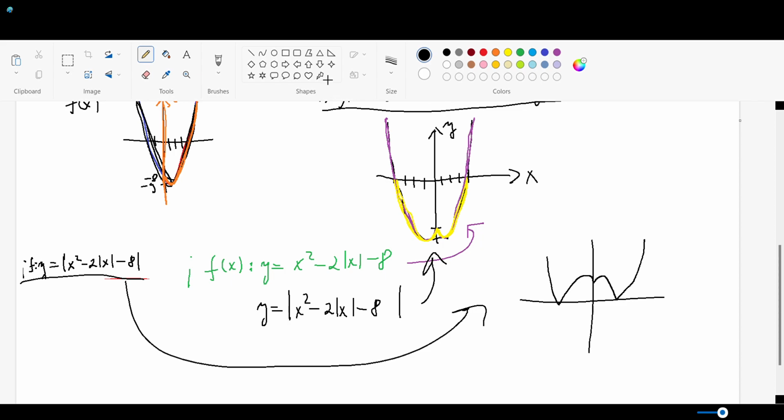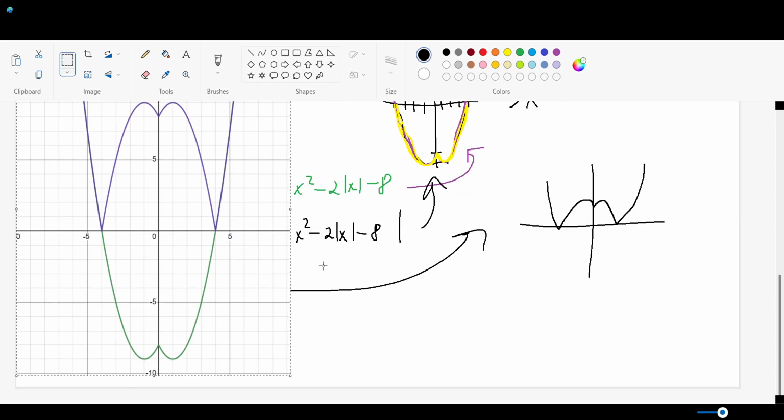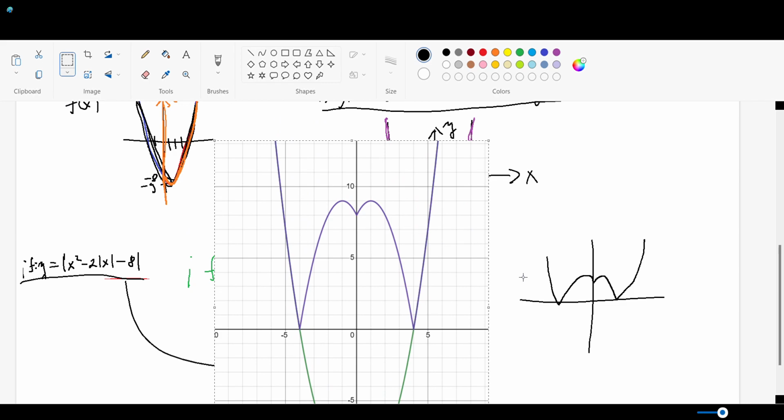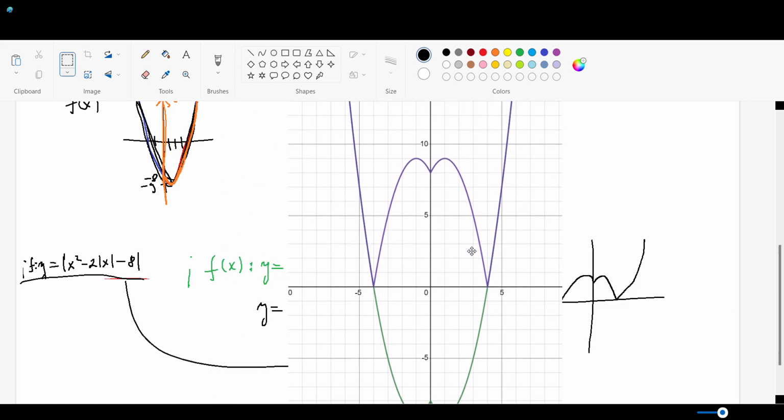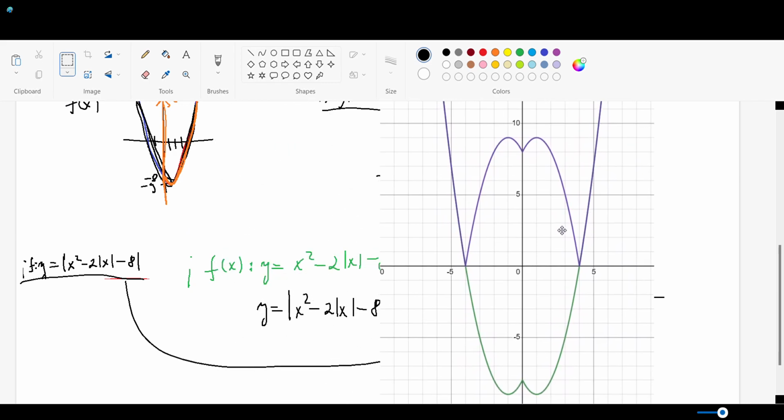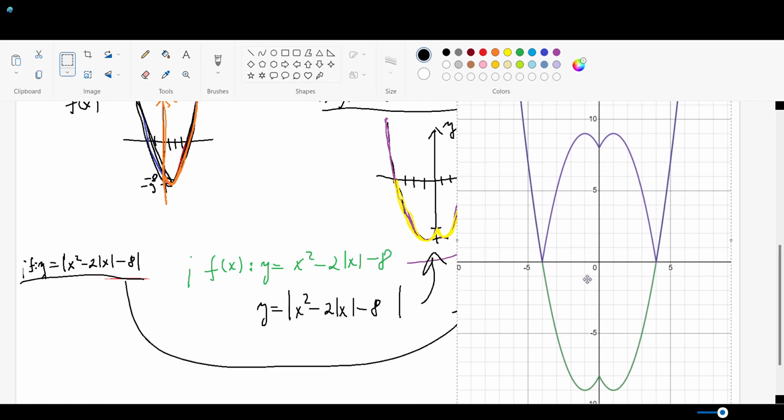In this case I'm going to provide you with a print screen from this tool, so that you can see what I really meant. You can get a graph like this. The green one is without the general absolute value, and the purple one is the one we were trying to sketch.